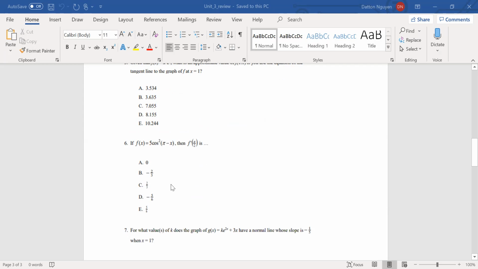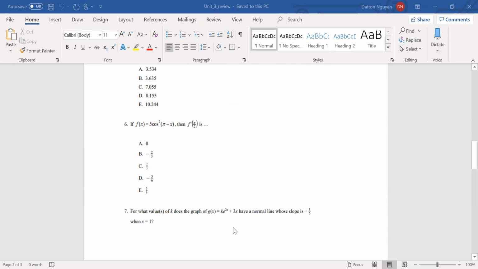For what values of k does the graph of g of x equals k e to the 2x plus 3x have a normal line whose slope is negative 1/5 when x equals 1? That's a lot of information. I would take the derivative of this function and find the slope, in terms of k. But if the normal line's slope is negative 1/5, what is the tangent line slope?